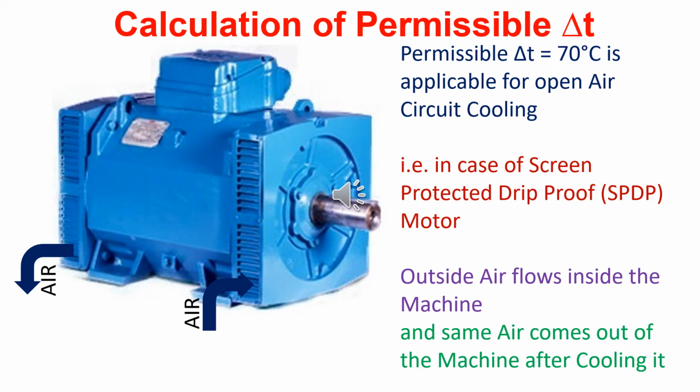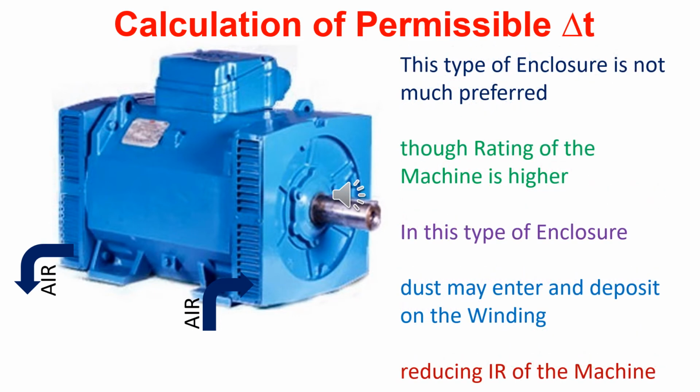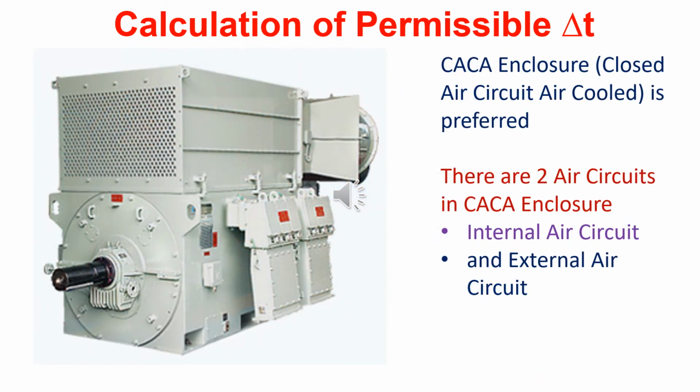In SPDP enclosure, permissible temperature rise is higher. However, this type of enclosure is not preferred, as dust may enter into the machine. Totally enclosed enclosure is preferred, but permissible temperature rise is less.